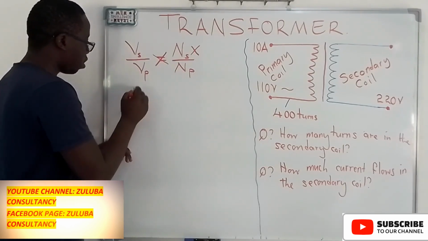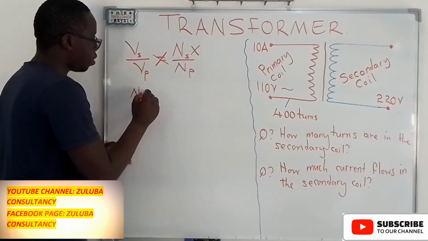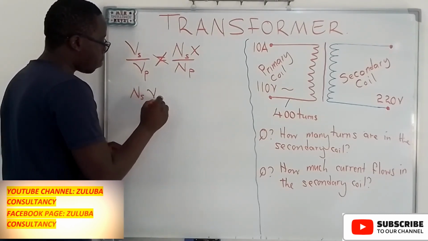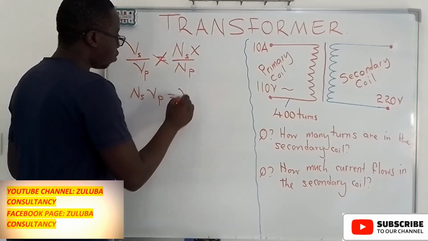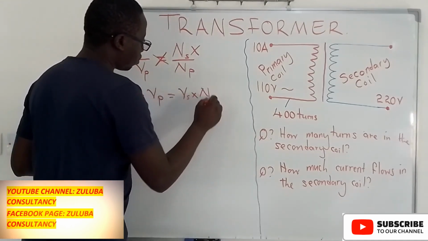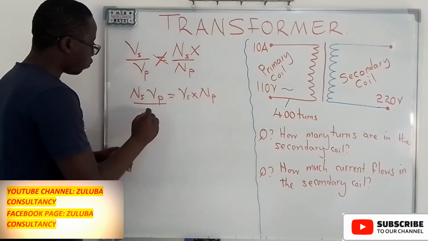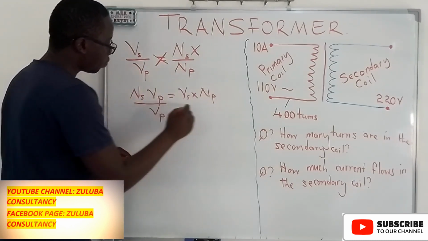We'll have the number of turns in the secondary multiplied by the voltage in the primary is equal to the voltage in the secondary multiplied by the number of turns in the primary. Then you divide both sides by Vp.